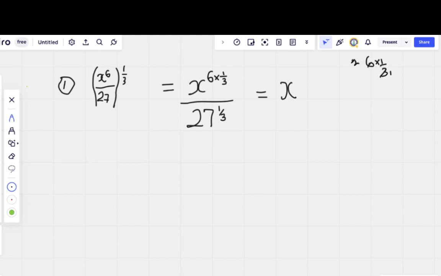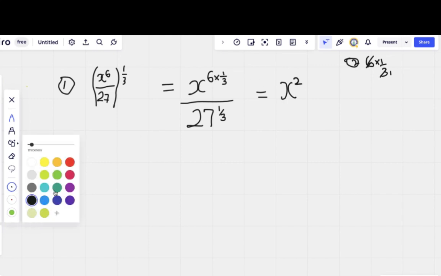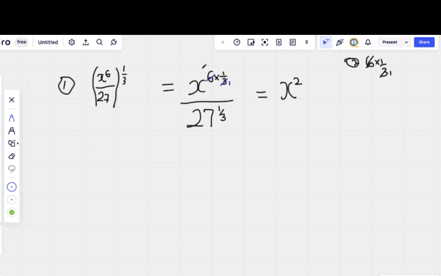So this becomes x raised to the power 2. Why? Because from here, 3 divided by 3, you get 1 here, and 3 go into 6, you get 2 here. So what we have in the numerator will be x to the power of 2.